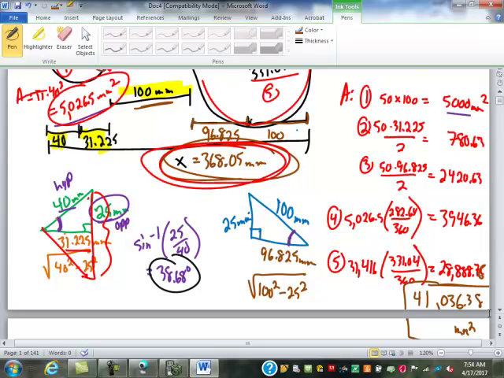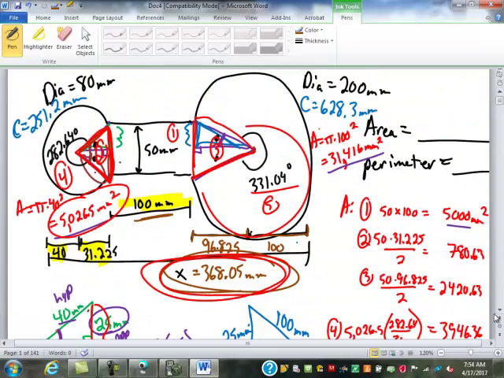Perimeter is actually fairly easy. For perimeter, I have 100 and 100.